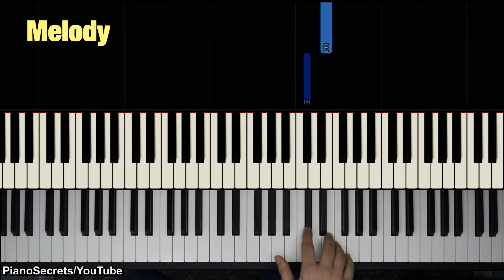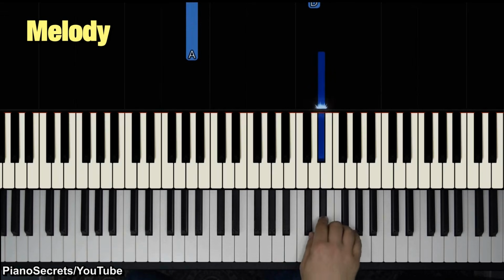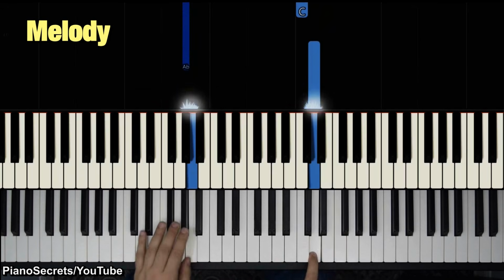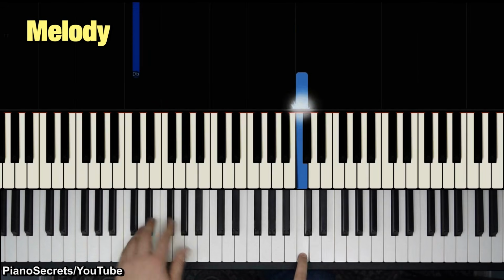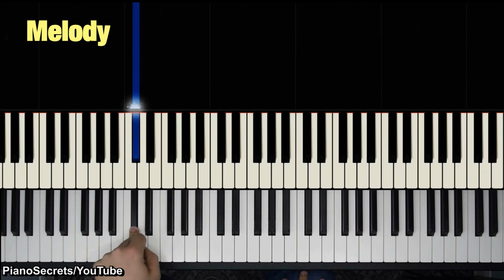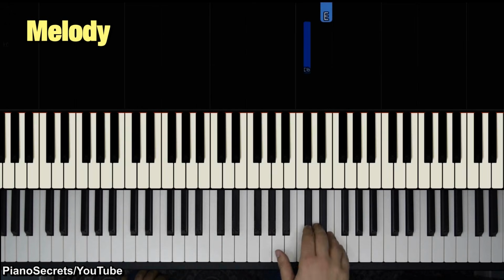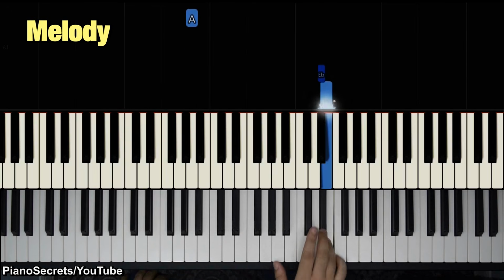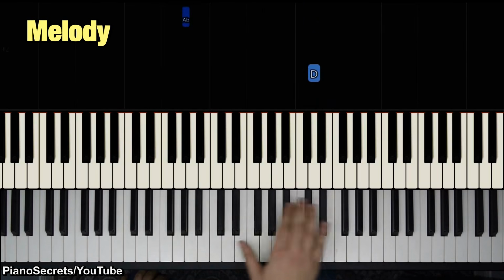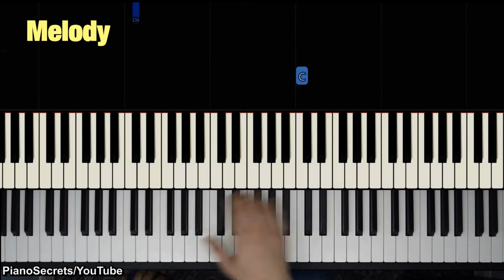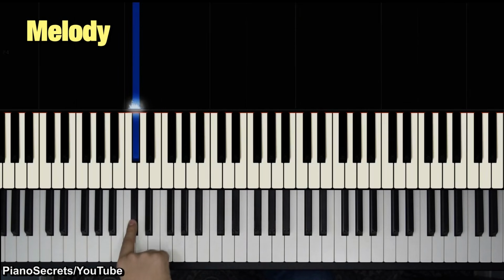So we have this. That's the melody. Now we could start leaping to the bass with the same hand. So let's say if we do this: A, D, and this. That might give you a little trouble.